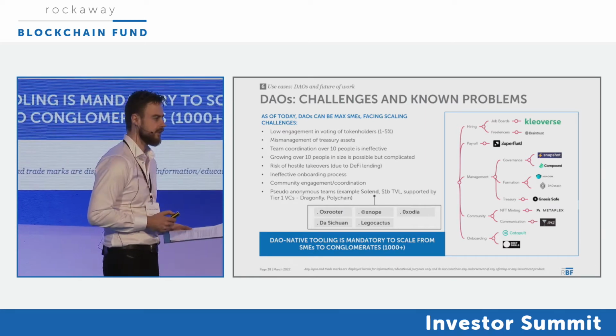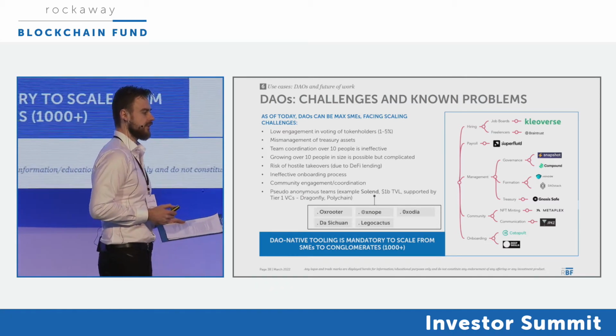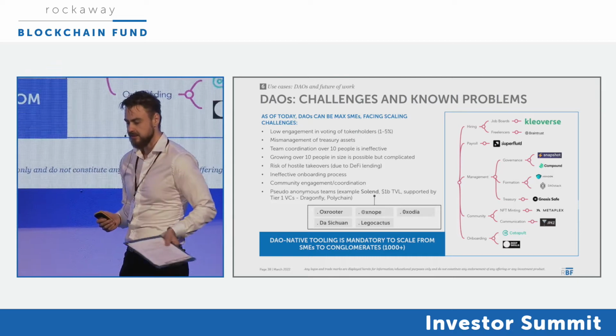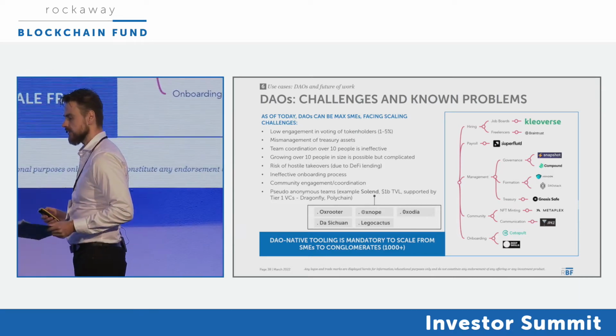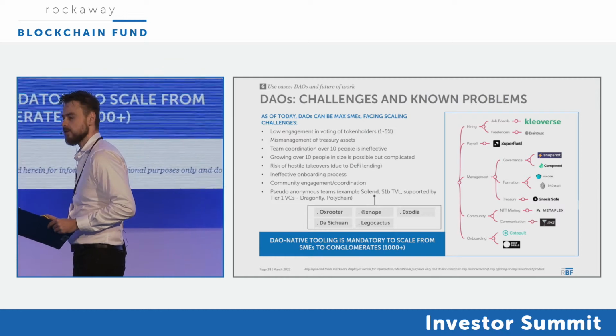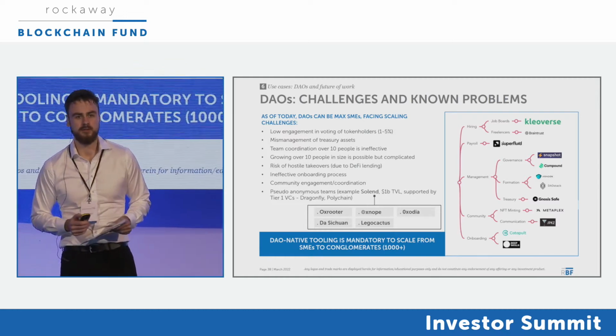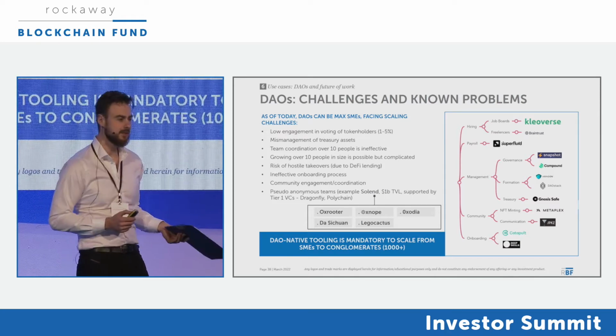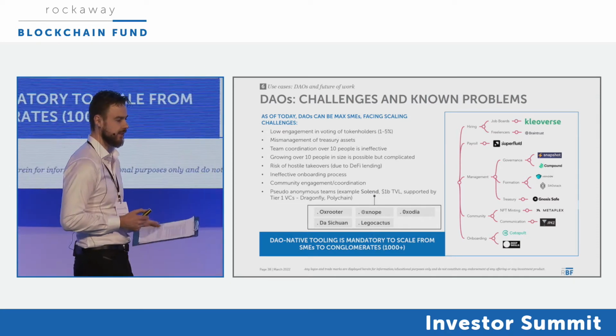We are also seeing a new type of challenge for DAO investors, for example, a pseudo-anonymous team. Let's take a concrete case called Solan. It's a decentralized lending protocol on Solana. There is currently $1 billion locked in lending, but actually nobody knows who the founders and operators behind the DAO are.